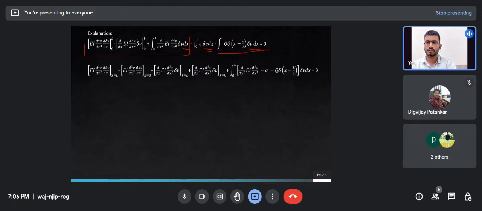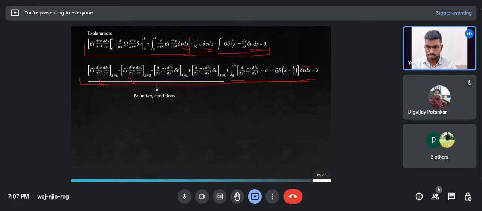Similarly, this value evaluated at L minus at 0. Then I have combined all these three terms here and taken the delta v functions. For this function to be 0, all these values should be equal to 0, then only the whole function will be equal to 0.